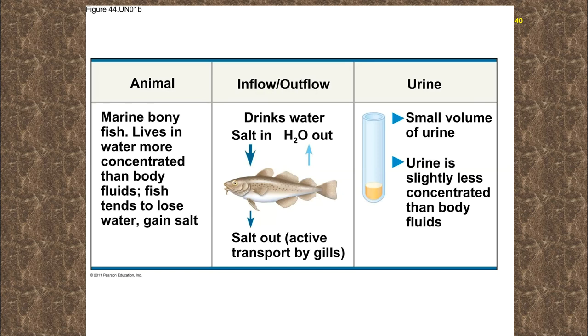How they maintain the osmolality is that they lose more water and gain salt through drinking water. They produce a very small quantity of urine, slightly less concentrated than that of the body fluid. Ultimately, the osmolarity of the body is maintained in such a way that the fish can survive in that environment, which contains a very high quantity of salt outside.